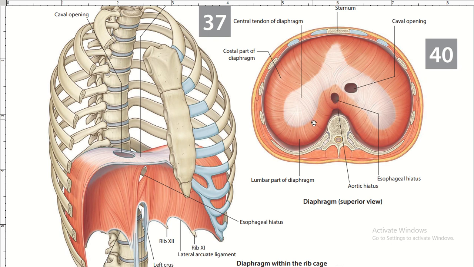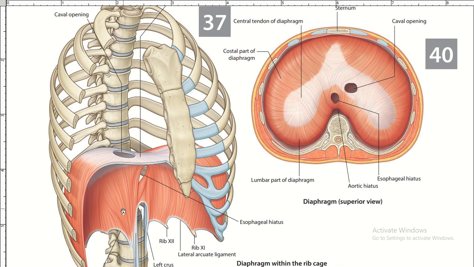These are the only nerves supplying the motor innervation to the diaphragm. But they also supply sensory innervation, especially to the central tendon.